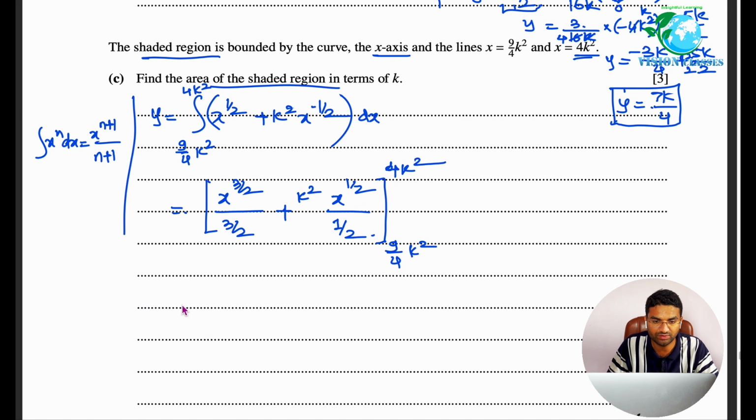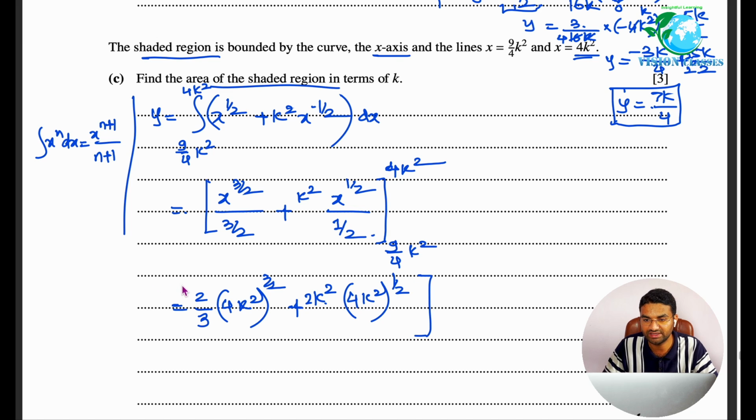And if you simplify this, it's 2 by 3 x raised to, now put the limit, 4k square raised to 3 by 2 plus 2k square times 4k square raised to 1 by 2. This is the first part, right?